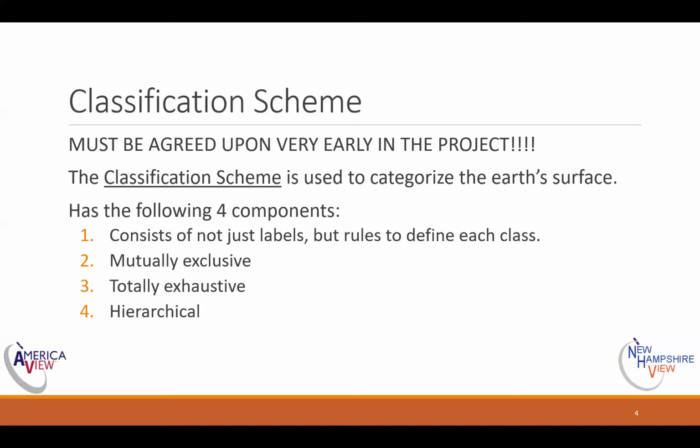And then the last property that's really nice to have is that it's hierarchical. And that is, you start with very general categories and you go to more specific details. And so you can collapse, or you can go up and down the hierarchy depending on what level of information you need for your different applications.